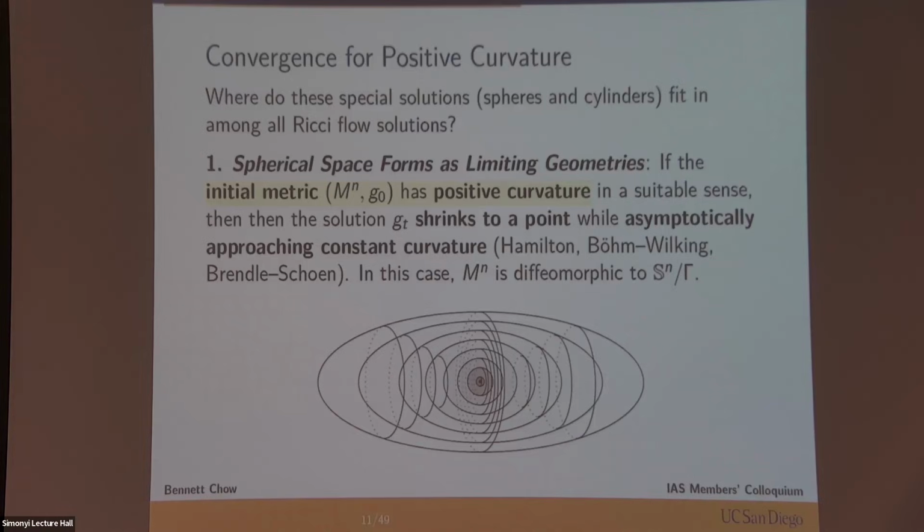He showed that if you start with something like that, then it shrinks to a point, asymptotically looking like a spherical space form. Then Böhm and Wilking proved this under positive curvature operators, actually a slightly weaker condition. And then Brendle-Schoen proved the quarter pinching theorem that was open for many years, in fact something stronger than that.